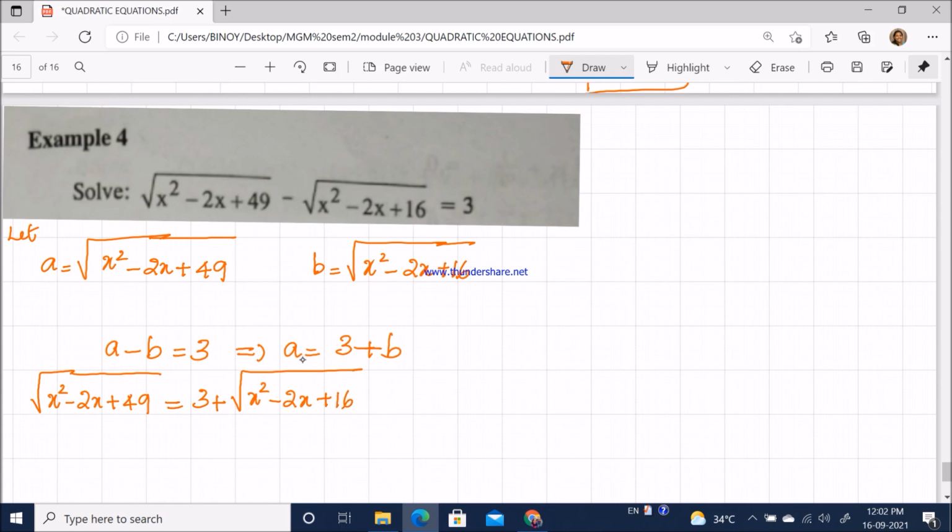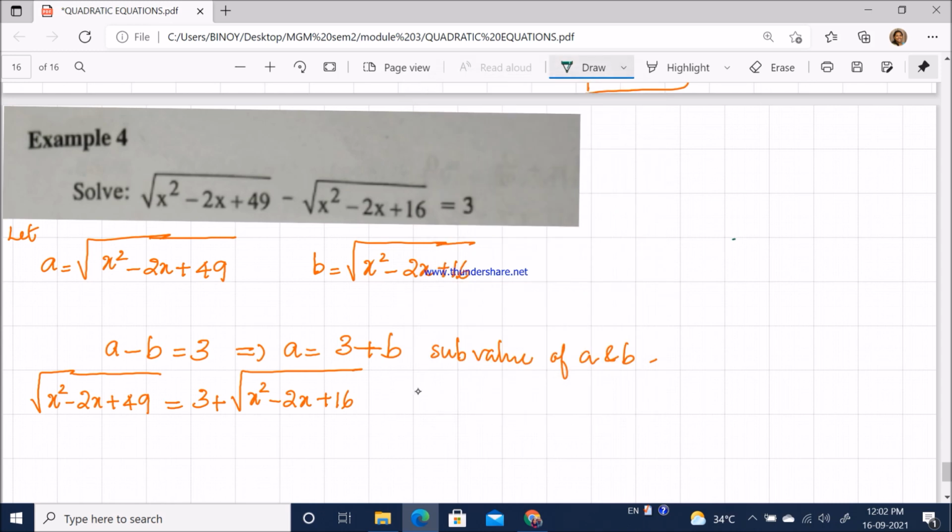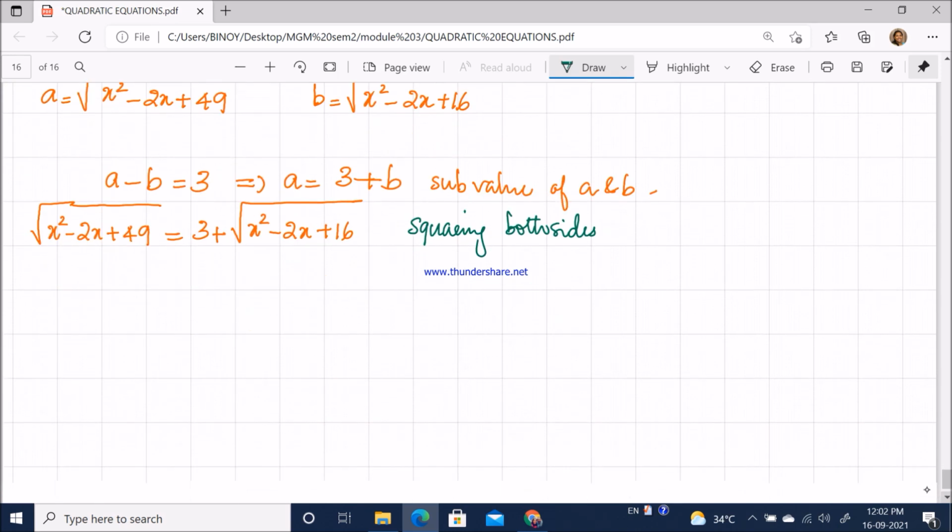We substitute the value of a and b. Now I am going to square on both sides, in order to get rid of the square root.